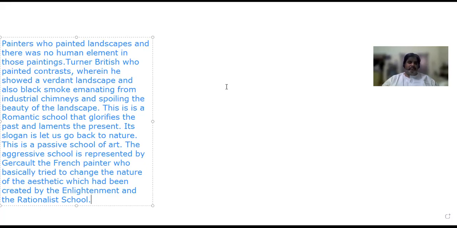And then I told you that as a precursor of the Romantic school, you have Rembrandt. Technically, Rembrandt doesn't fit in the Romantic school, but I say he's a precursor because if you look at his painting called the winter landscape, you will see it is very bleak.